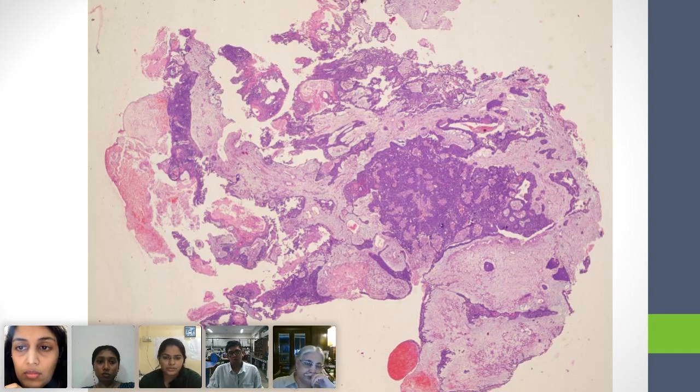So it is a loosely edematous stroma, and within the stroma there are sheets of neoplastic cells admixed with squamous, admixed with epithelial component.